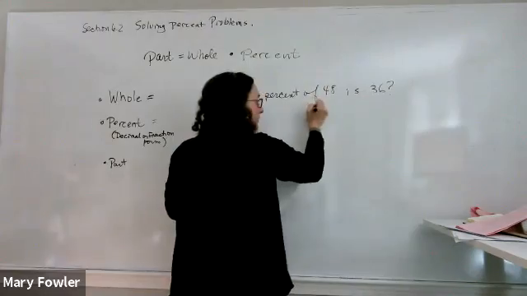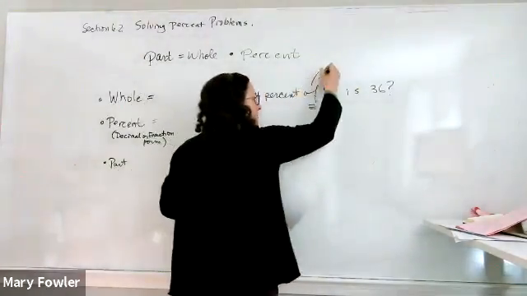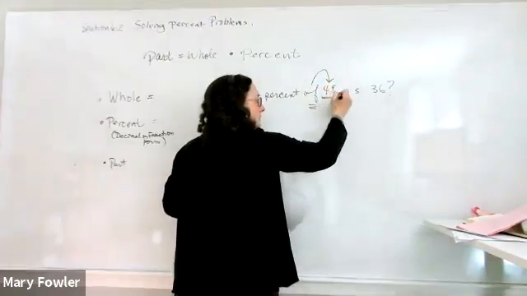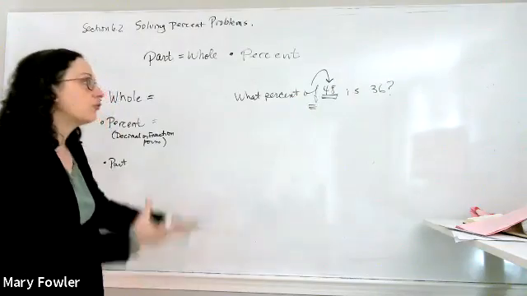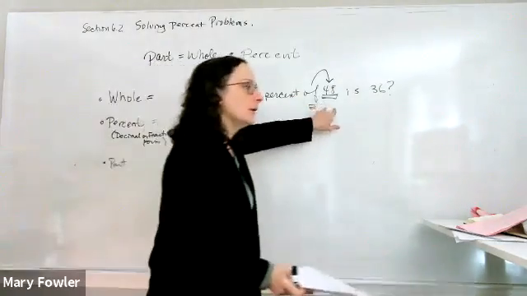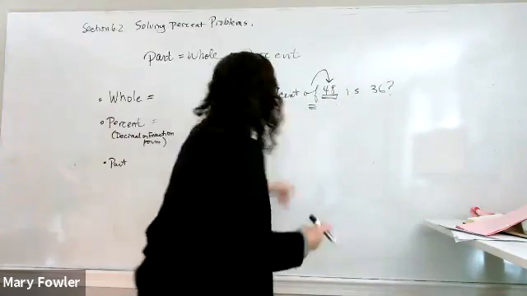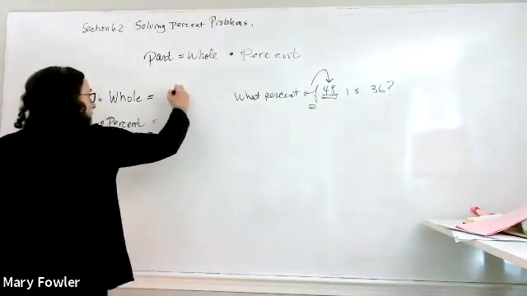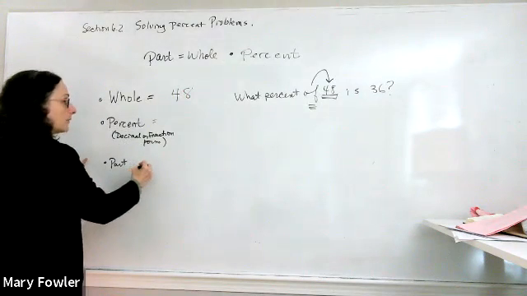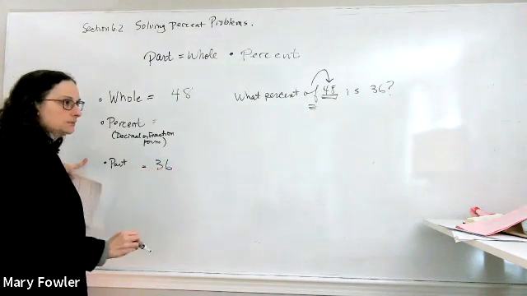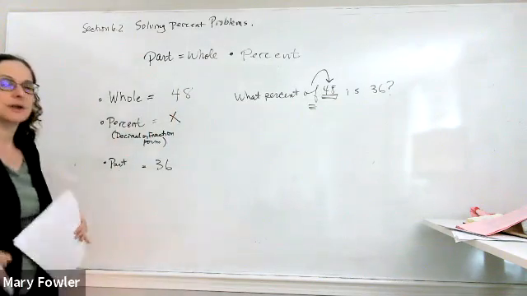We even have our "of" word here, and that means that we're considering the base 48. We want to figure out 36 is what percent of 48. So in this case, we have 48 as the whole, and the part that we're interested in is 36. And it's the percent that is unknown.